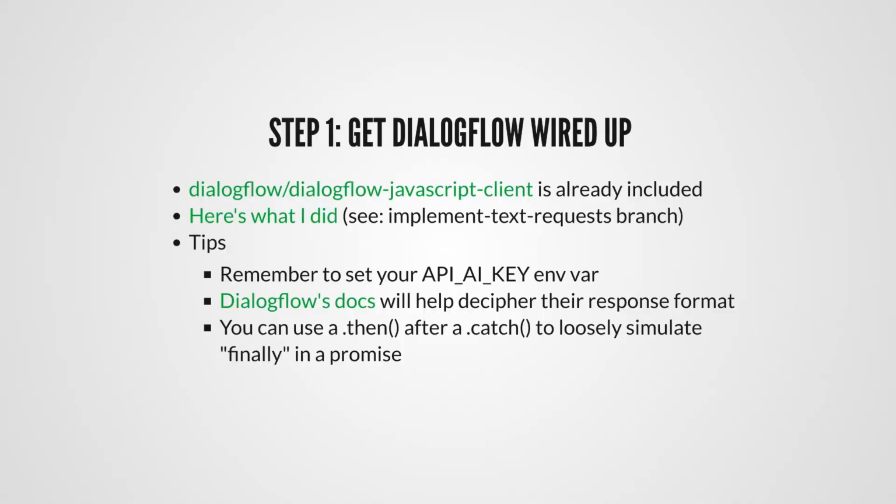So at this point, I already included the Dialogflow client. I'm calling it the API.ai client, and I did not want to trash my entire Git version history again to rename it to Dialogflow, but it redirects to the same place. The library still works, probably will for a while.